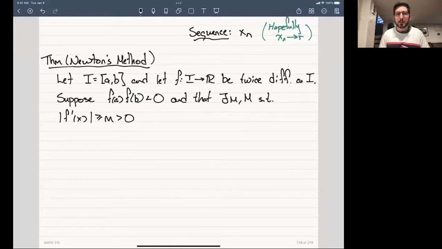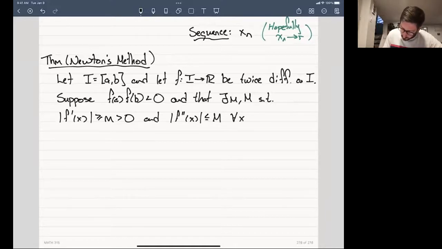So what this is saying is that the derivative is never 0. There's no sort of turnaround points here. And the second derivative is just bounded. And this happens for all x in I.